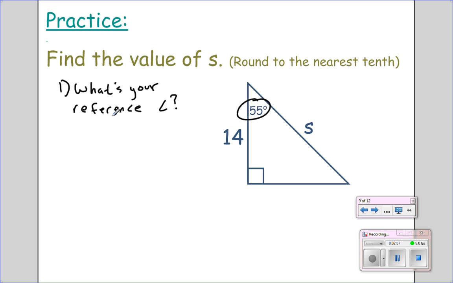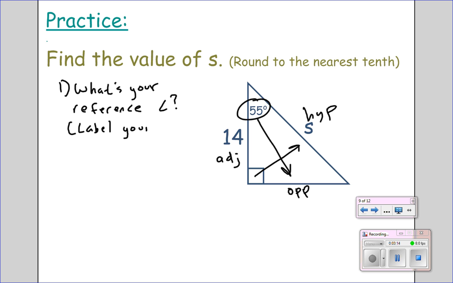Step two, and this isn't a question, but you need to label your sides. Hypotenuse, we always label that first because it's across from the 90, then opposite, and then adjacent. The second question you're going to ask yourself in your head is, what side am I given?